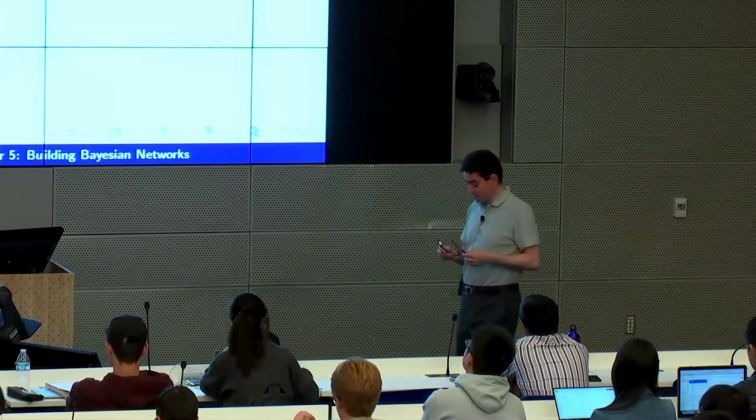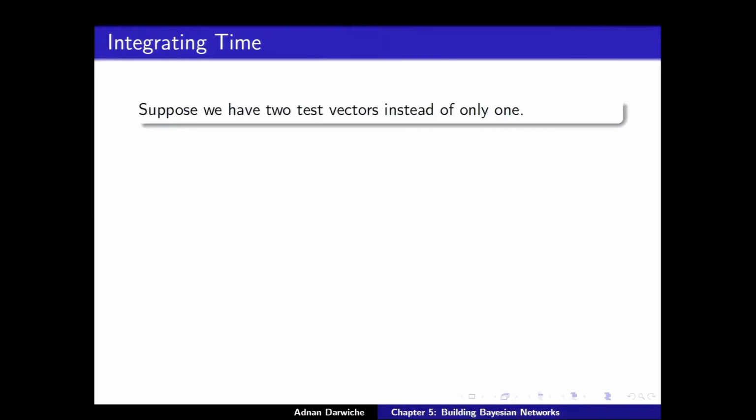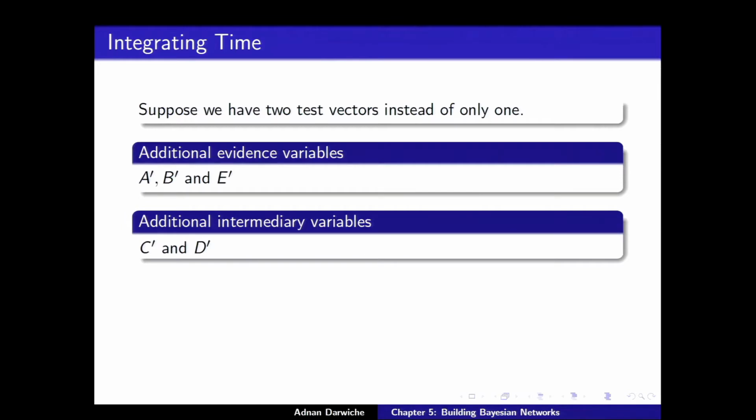The first test vector is an input-output. The second test vector is an input-output. And what basically that leads to is we need additional variables in our model. So if we had A, B, and E as the input and output, we now will introduce A', B', and E' to capture the values of the second test vector.